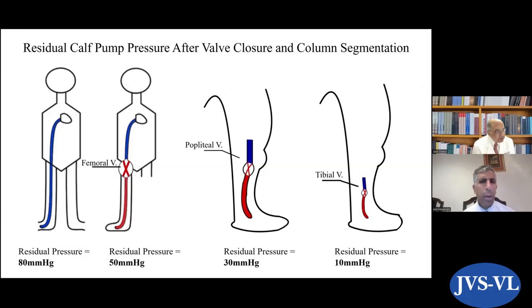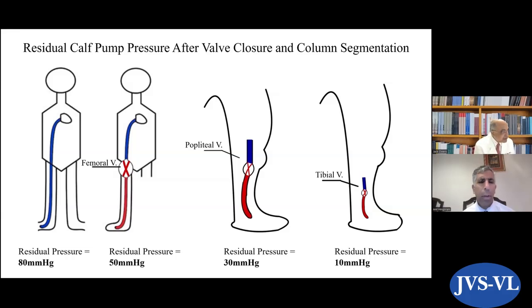Now, the purpose of collapsed segment and valve closure, the ultimate physiologic purpose, is to segment the venous column, which will reduce the calf pump pressure.